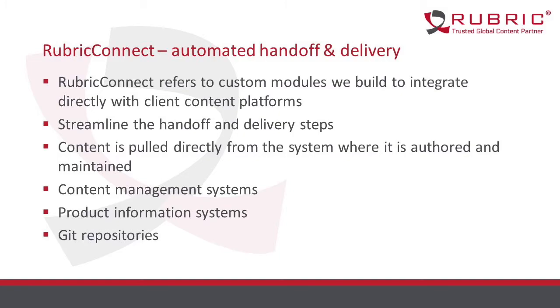And it streamlines the beginning and end parts of the workflow, the handoff and delivery steps. So this will typically work with content management systems, product information systems, or Git repositories, or just about any repository where content is authored and maintained.